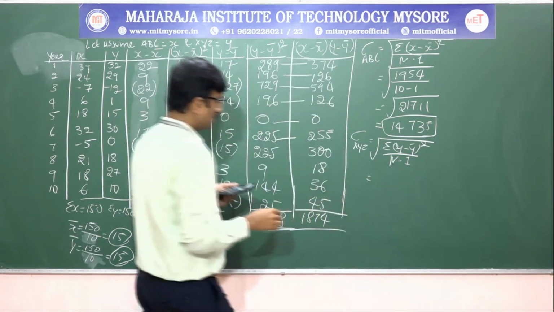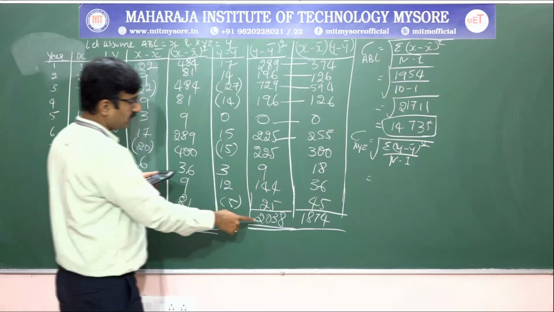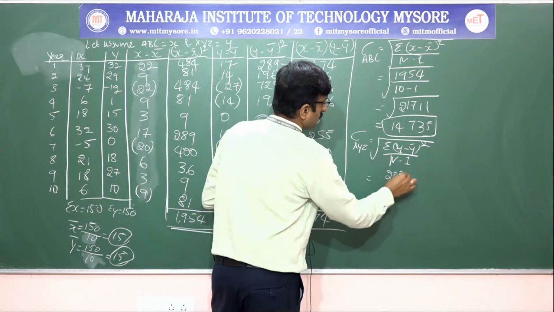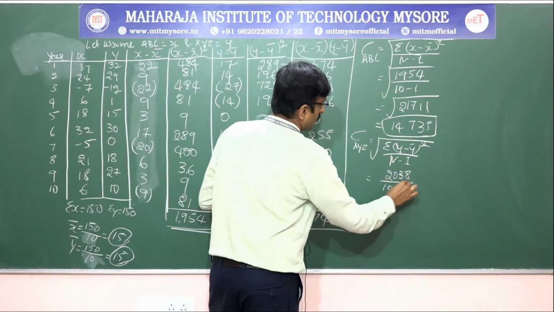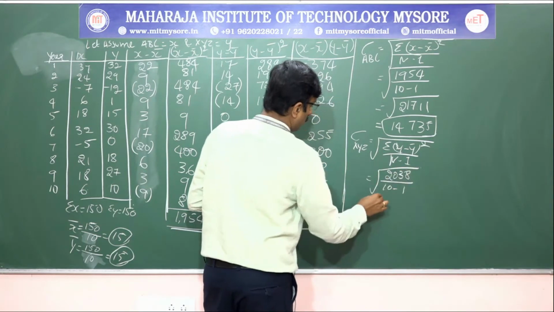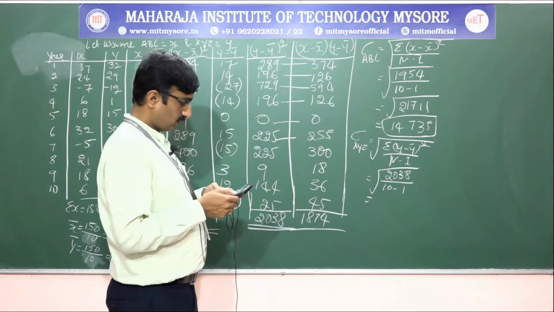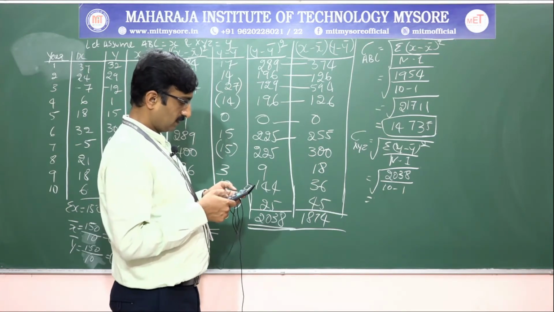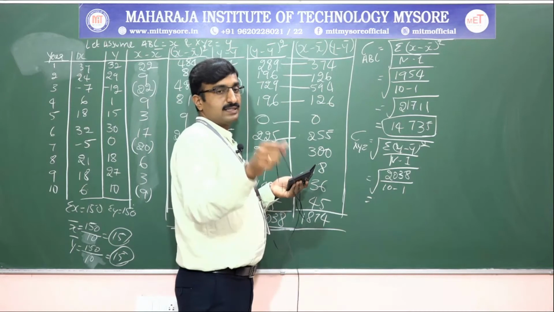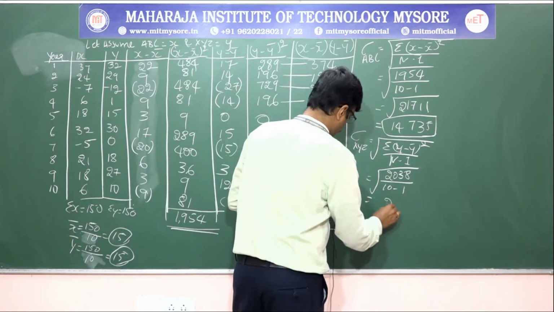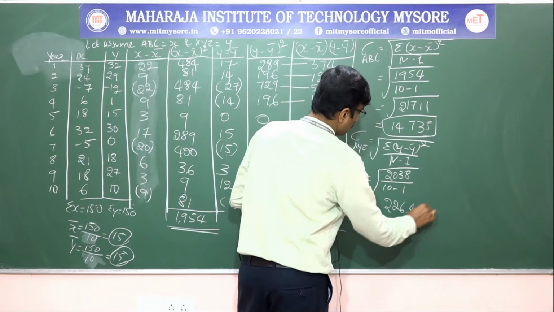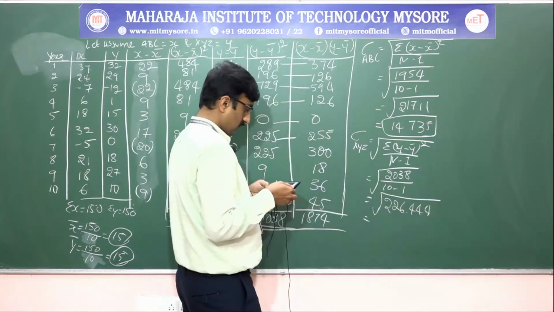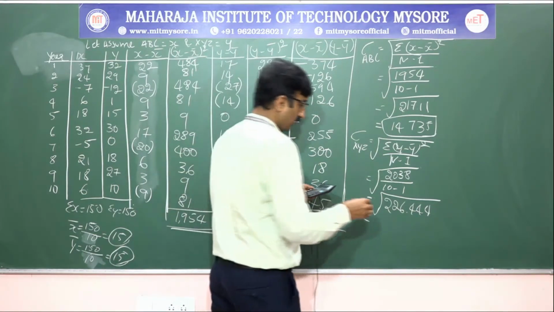So, sigma (y minus y bar) whole square is 2038 divided by 10 minus 1, root value for that. 2038 divided by 9, you will get 226.444. For this we have to find the root value. You will get 15.05.